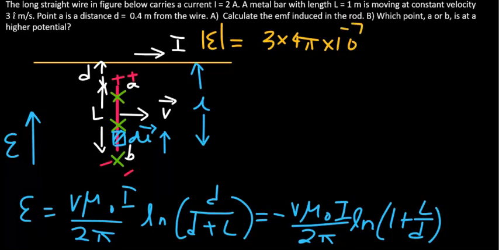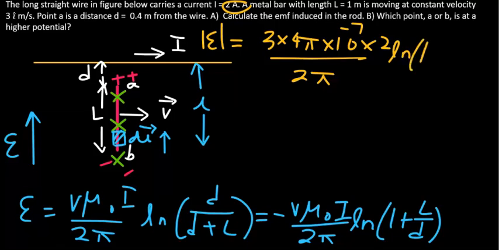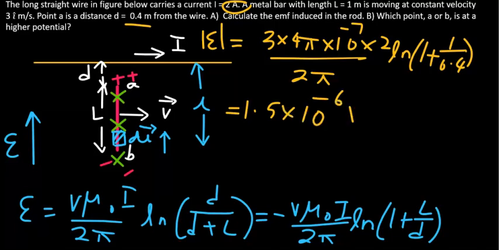The current is 2 ampere over 2 pi times the natural log of 1 plus d is 0.4 and capital L is 1. So 1 over 0.4. You get an answer of about 1.5 times 10 to the power minus 6 volt. And that solves the problem.